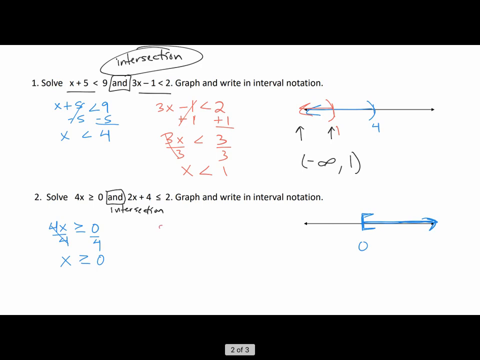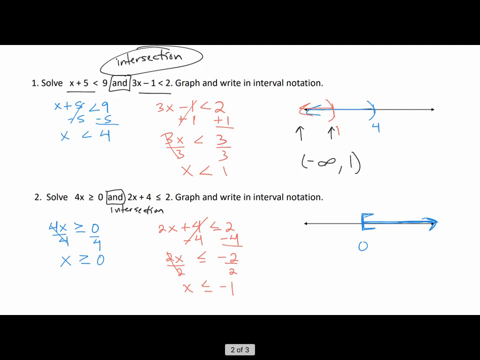Now let's look at the solution set for the second statement here. So we're going to have to subtract 4 from both sides of the inequality to get 2x is less than or equal to negative 2. Then we have to divide by 2 to get x by itself. Do we flip the symbol? No, we didn't divide or multiply by a negative number.